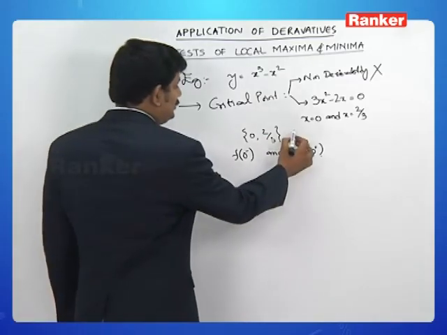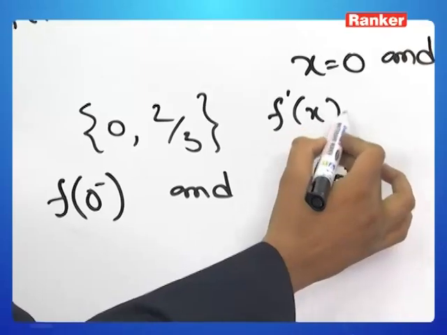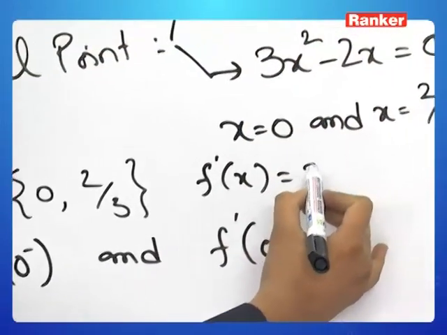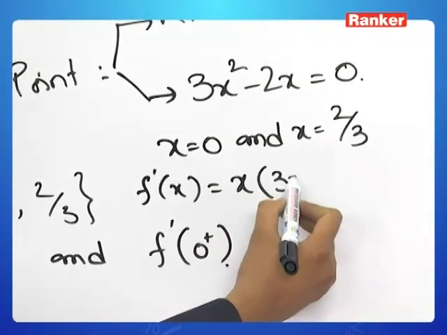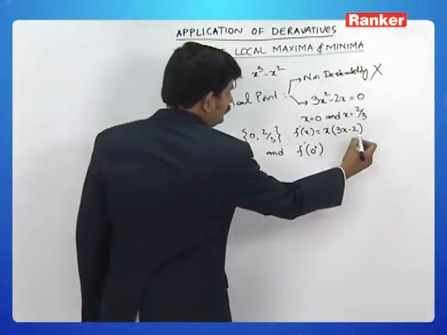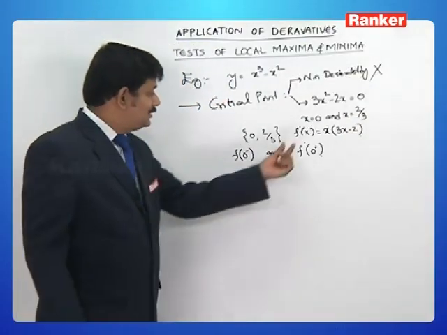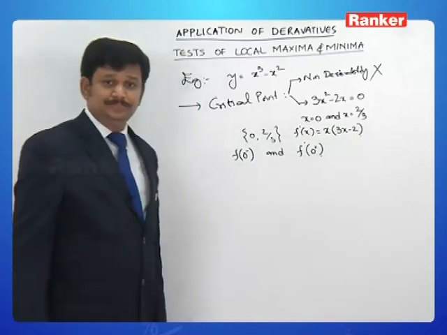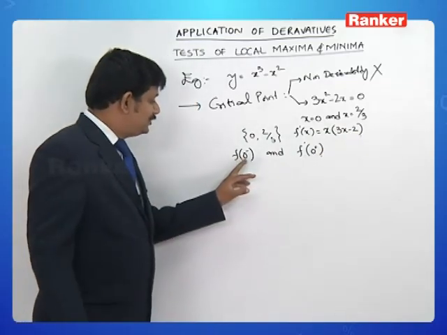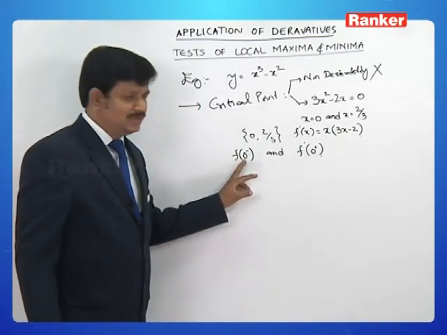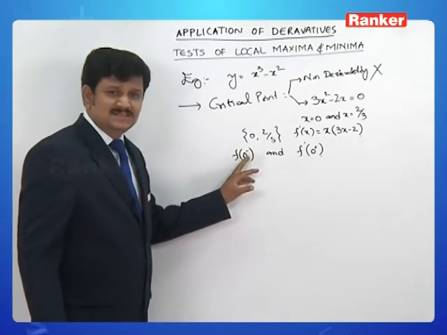F dash of x is what? 3x square minus 2x, x we can take common, so f dash of x is x into 3x minus 2. F dash of 0 minus, we need to see whether it is positive or negative when x is less than 0.